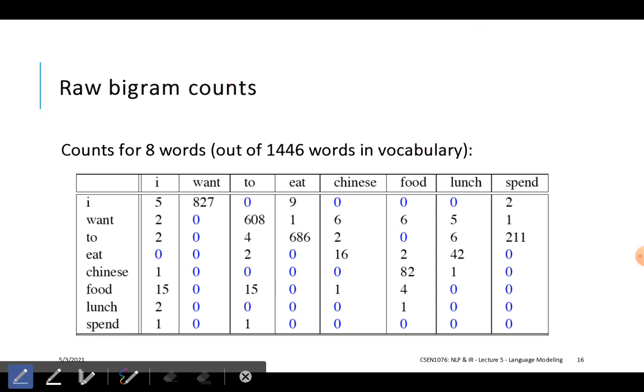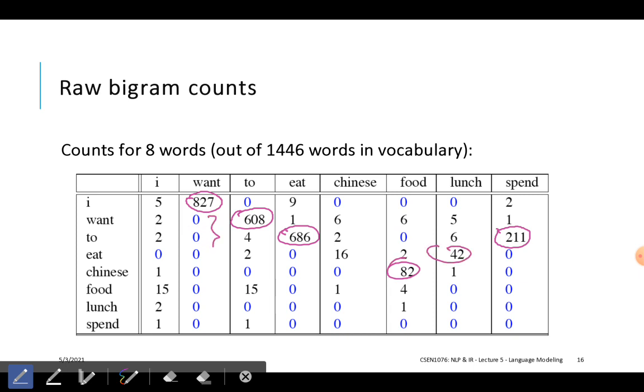Okay, what does this example matrix tell us about the counts? It tells us basically that there are bigrams that definitely appear more frequently than others, as you can see here.